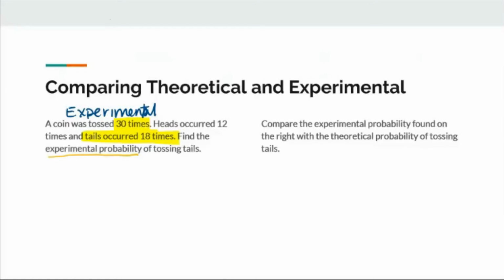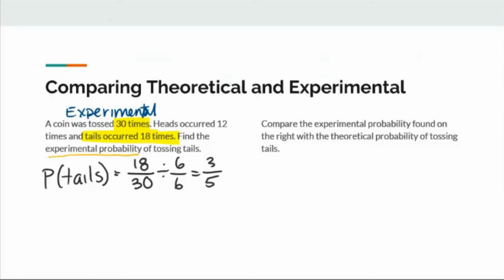So in this case, our experimental probability of tails is going to be 18 out of 30. And I can simplify this by dividing out 6. And I'm going to get 3 out of 5. So how does that compare to our theoretical probability, right?